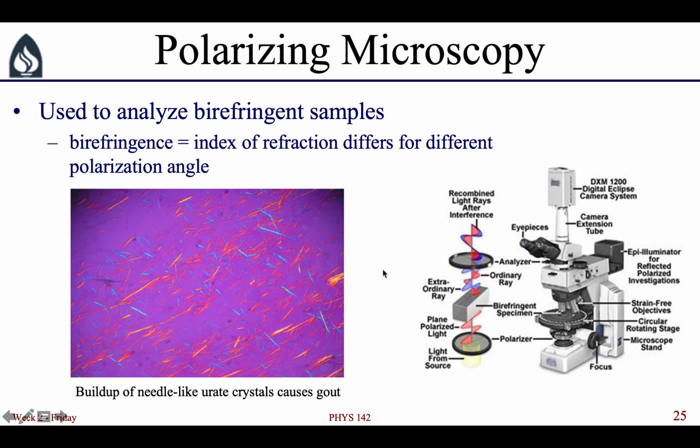For example, here's a sample and you can see that there's this buildup of urate crystals. These urate crystals have built up in this person's joints, and you can see they're very sharp. They're actually needle-like, and that causes gout, which is quite painful. Normally, with just using light, these urate crystals wouldn't be particularly visible, but using polarized light enhances their image, so that you can see them in the sample.